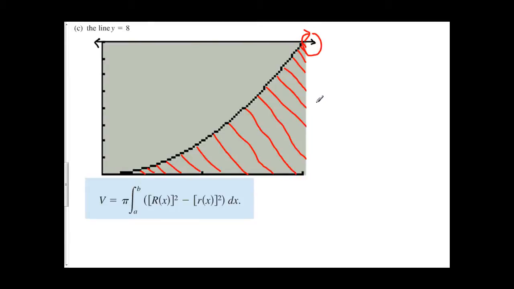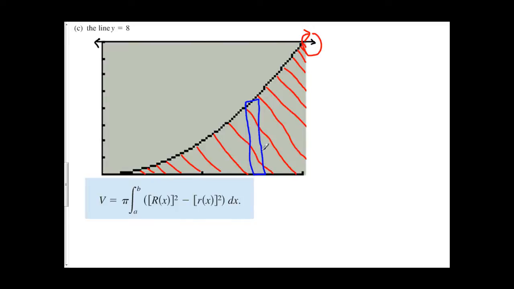And when we draw our representative rectangles, remember, we want to draw a representative rectangle in a way that makes the disk that is going to generate have a radius that is perpendicular to our axis of revolution. So basically, we're going to draw our representative rectangle vertically this way, since our axis of revolution is horizontal.